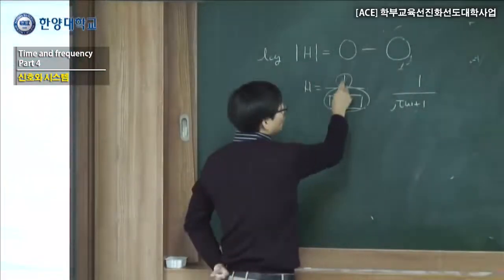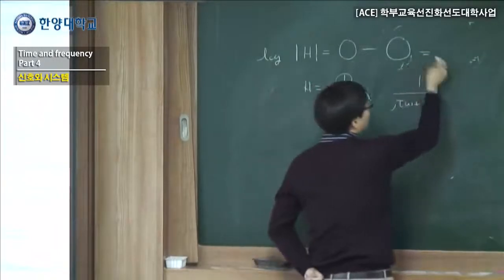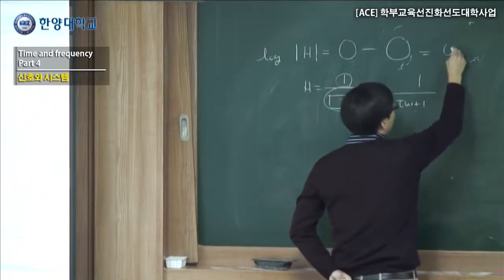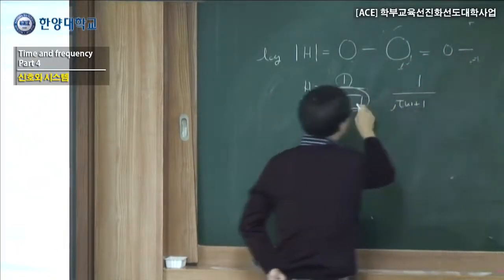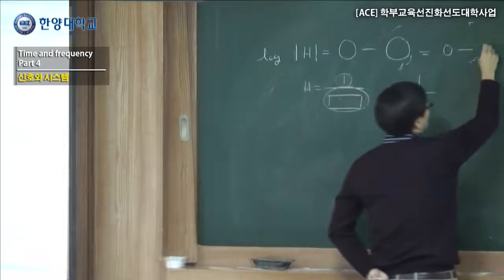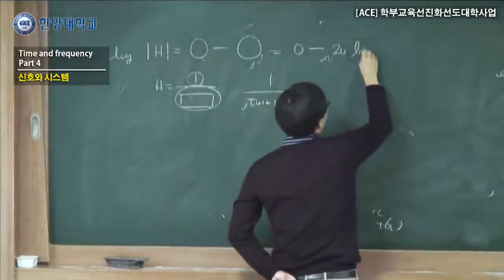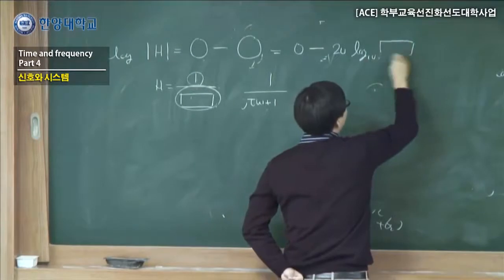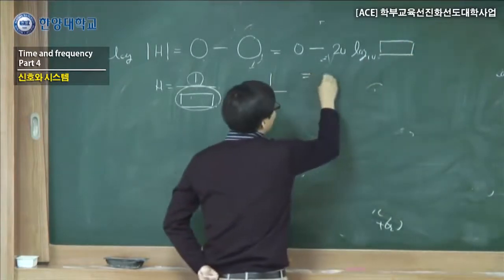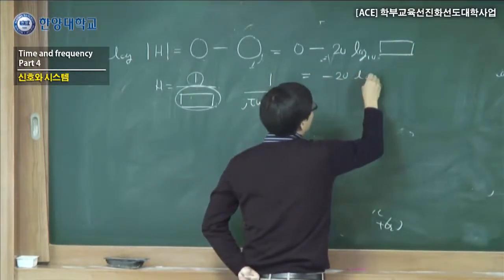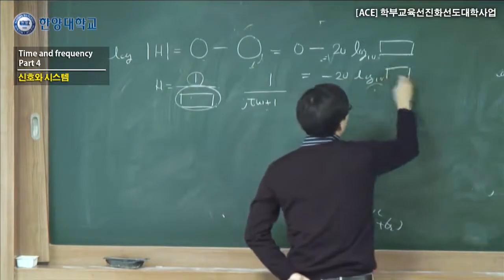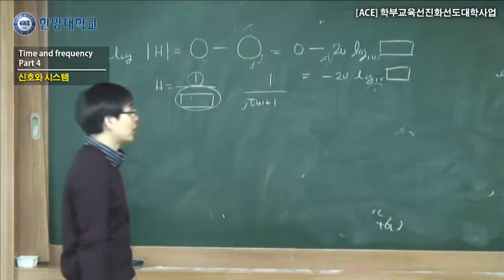If the numerator is 1, then its log will be 0, minus the log of the denominator, which is 20 log 10 of this denominator. So eventually, there's actually a minus in the denominator.